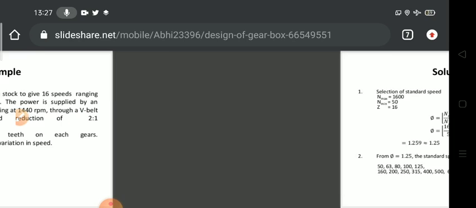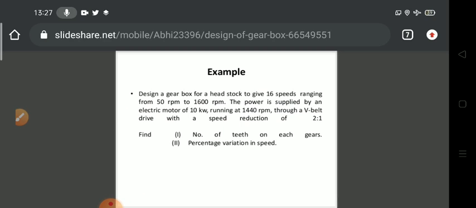Now we have to construct a structural diagram. So first see the example. The given is to design a gearbox for a headstock to give 16 speeds ranging from 50 to 1600 rpm, and we have calculated the 16 spindle speeds.